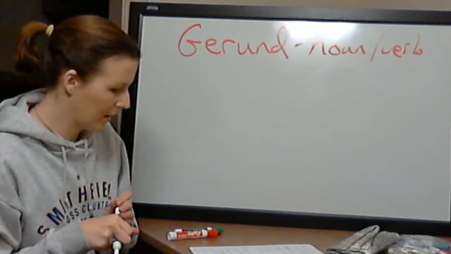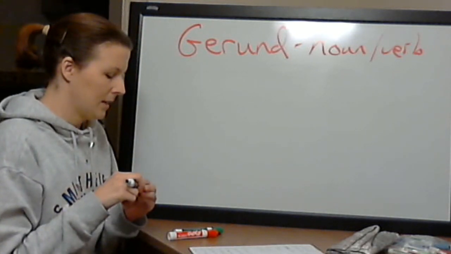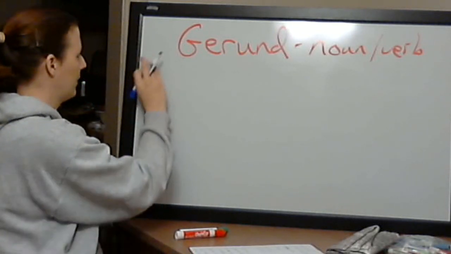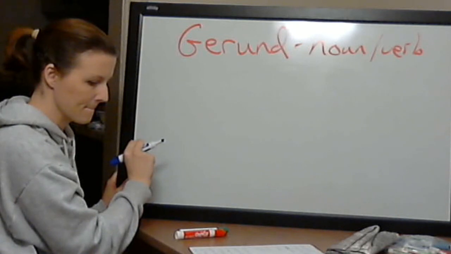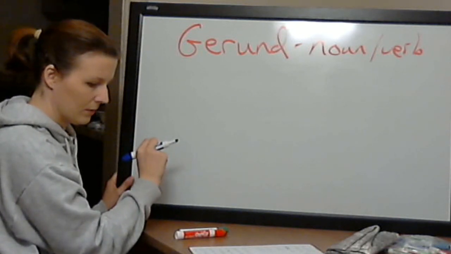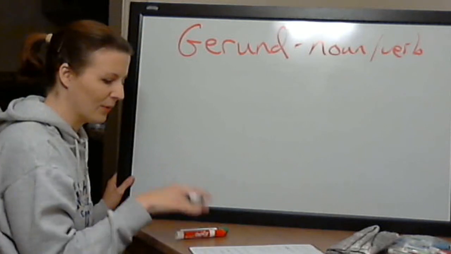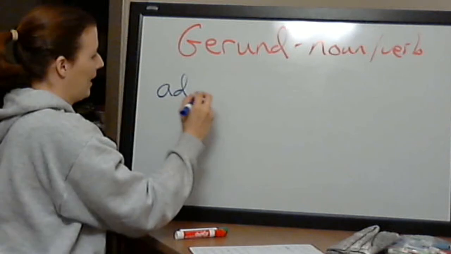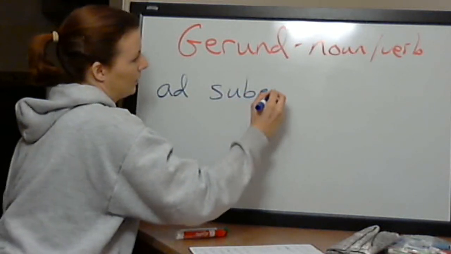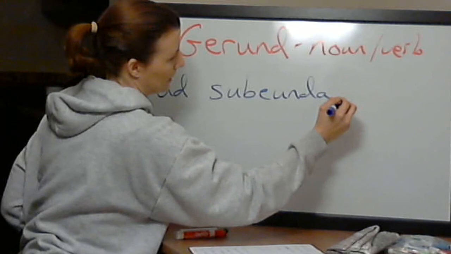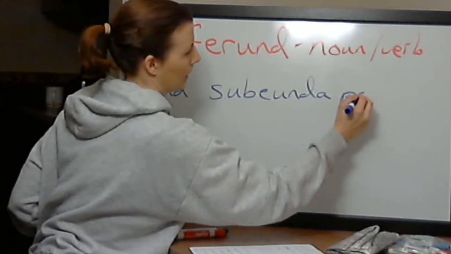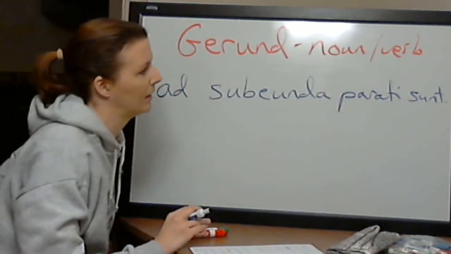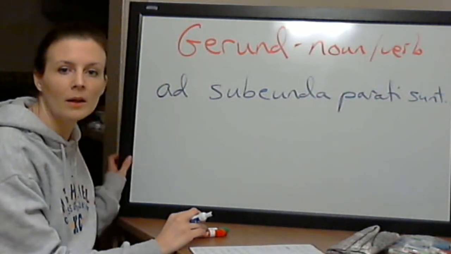So if we're going to look for an accusative one, we'll often see that with an ad. I'm looking at one for what we've had with Caesar lines already. So ad, parati sunt is a variation on one of the lines that AP had in book 1.